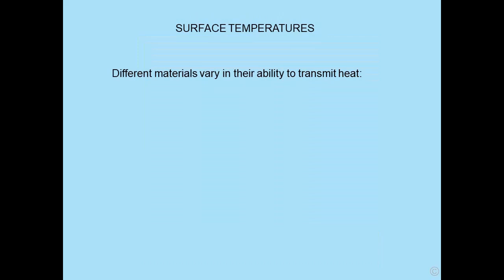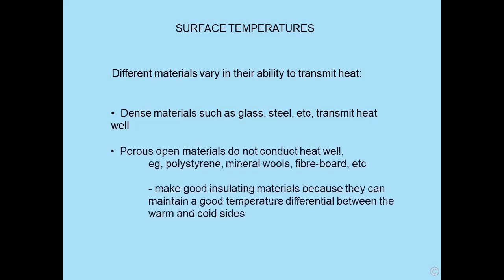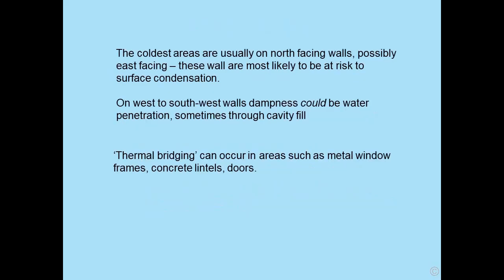Surface temperatures vary. Different materials vary in their ability to transmit heat and, of course, cold. Dense materials such as glass, steel, tiles, transmit heat well, and indeed cold. Porous open materials do not conduct heat well. They make very good insulating materials because they can maintain a good temperature differential between the warm and cold sides.